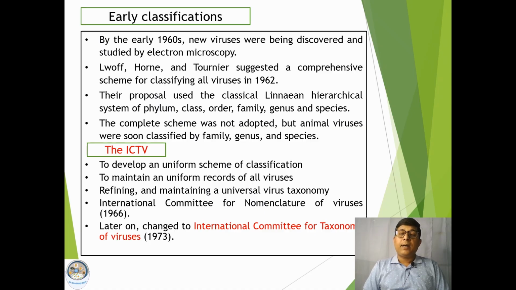They adopted the classical methodology, a linear hierarchical system, and viruses were classified into phylum, class, order, family, genus, and species. These were the hierarchies of that classification system. In the present classification also, this part of the system still exists, but the entire system could not be adopted.